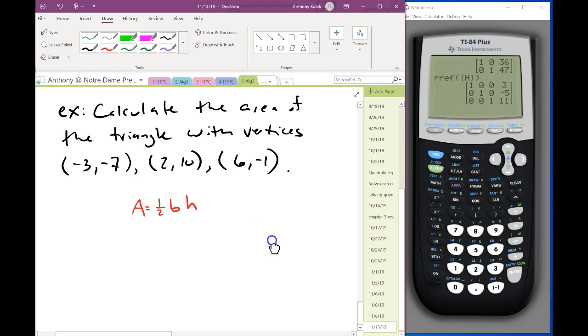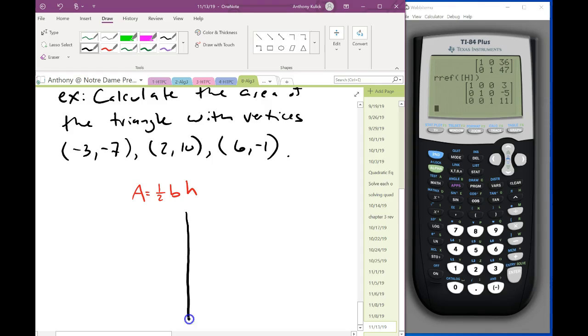Okay, I kind of remember that. So maybe I'd graph these things. 1, 2, 3. 1, 2, 3, 4, 5, 6. 1, 2, 3, 4, 5, 6, 7, 8, 9, 10.